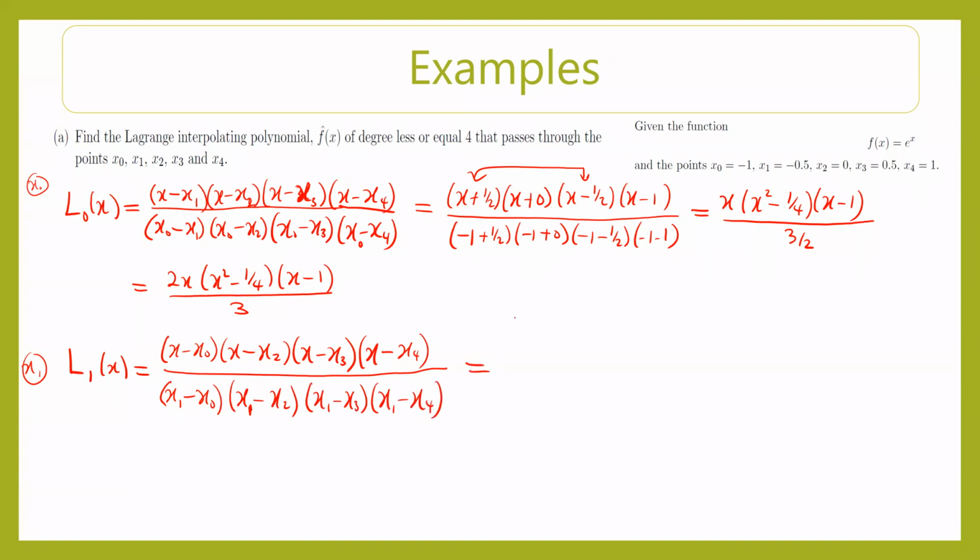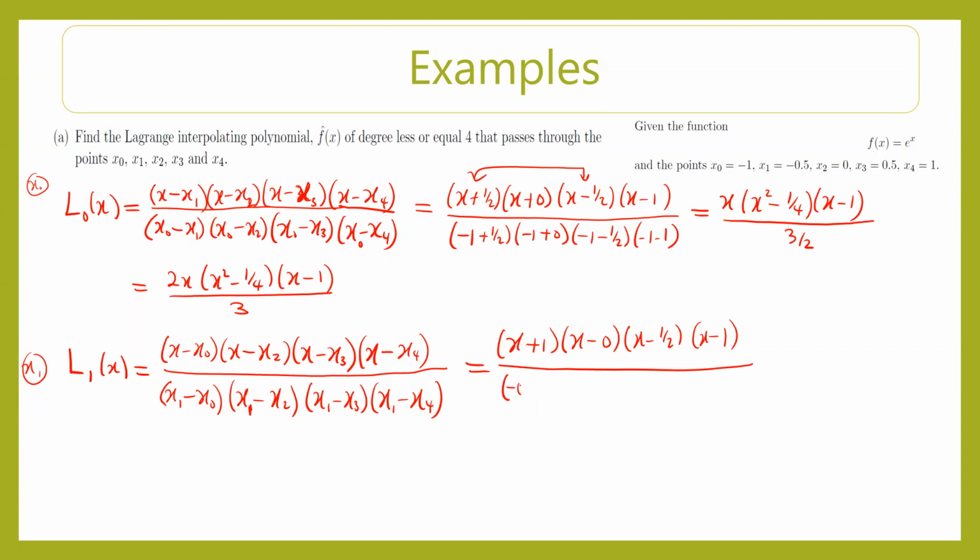And if you make the substitution again, you will have x minus minus 1, which is x plus 1. Then x minus 0, remember that x1 is missing. Then you have x minus 1 over 2 and x minus 1. So everything divided by, now I'm going to use x1 to make the subtraction.